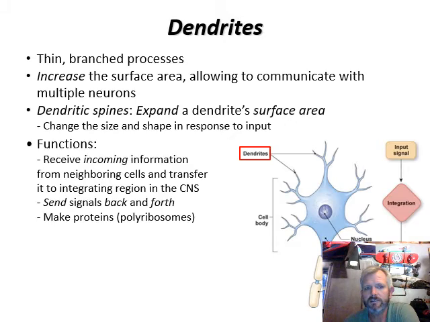Now the dendrites, those are increasing the area, allows us to expand out so we can receive, because you could have thousands of neurons coming in to talk to just one single neuron. So that can take place via either the dendrites, or also neurons can come in and talk straight to the cell body.